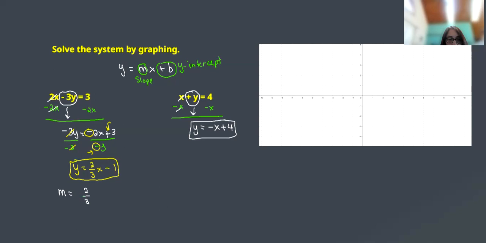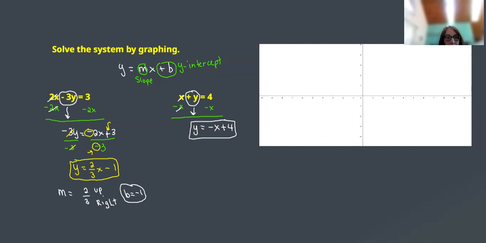So I'm going to go up and right. And b is negative 1. And what does b tell us? Where the line crosses the y-axis. Our slope is positive, so the line's going up. Where is it crossing the y-axis? At negative 1. So make sure you have that in your head where they're going to cross. So they cross at negative 1.